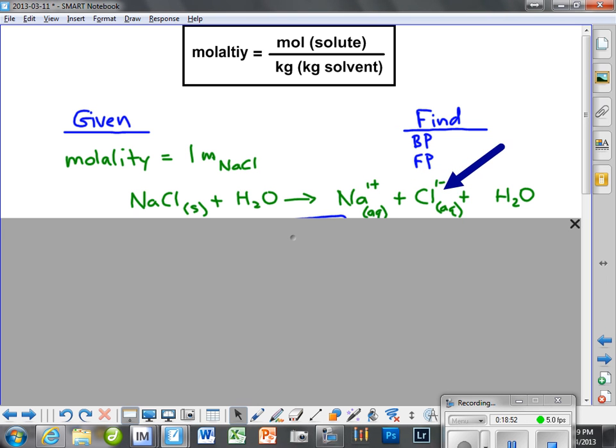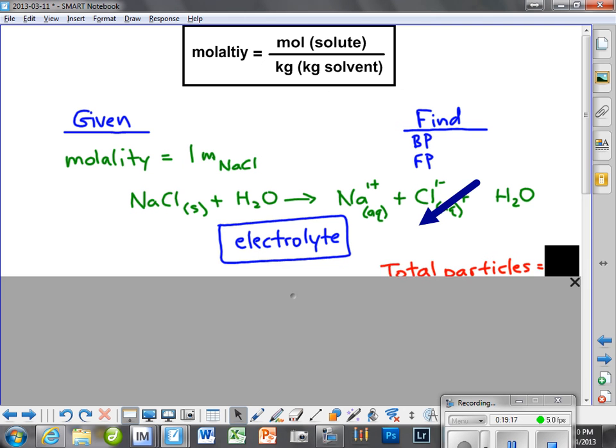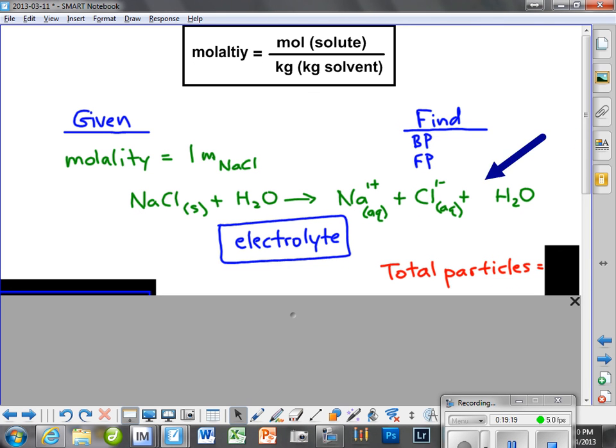And so for 1 particle of sodium chloride, I wind up with 2 particles in the aqueous solution. So when I say electrolyte, that's what we're talking about. We're going to get 2 or 3 or 4 for every molecule of the solute which we're dissolving. Now, what does that mean for the total particles?